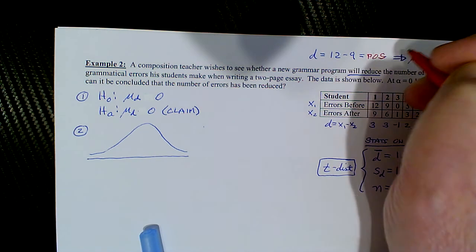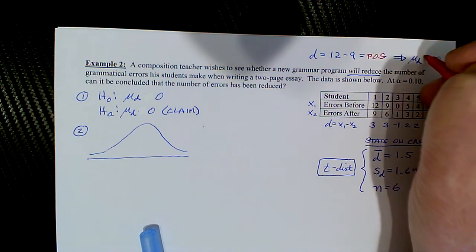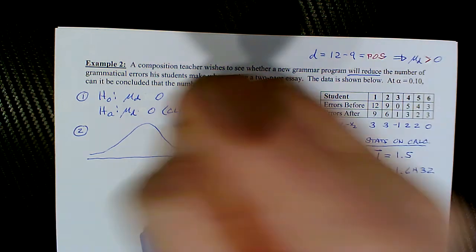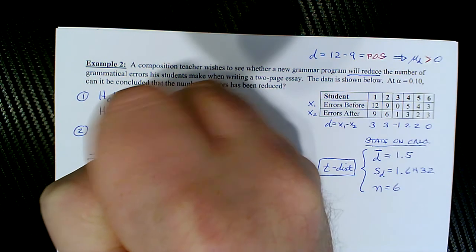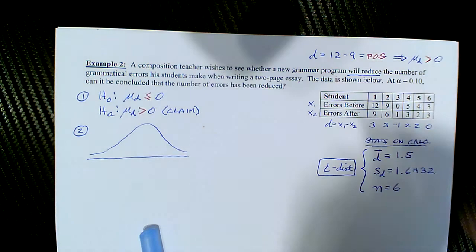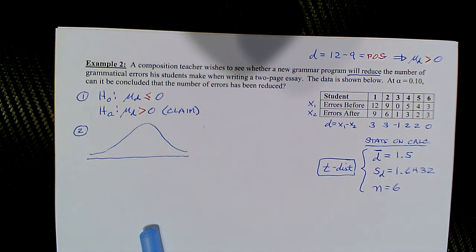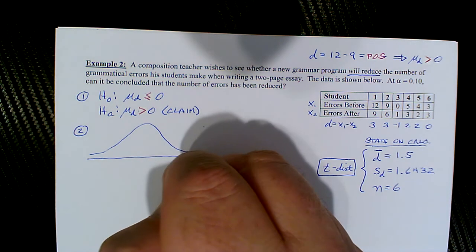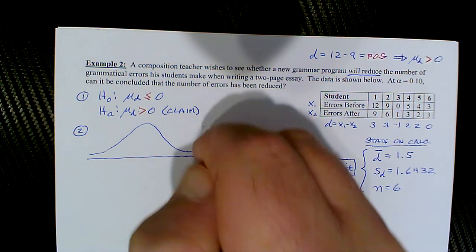Okay, 12 minus 9, obviously positive, so mu sub d is greater than 0. So mu sub d is greater than 0 is the claim, and less than or equal to would be the null. Okay, so therefore, since it's greater than 0, it's going to be a right-tailed test.